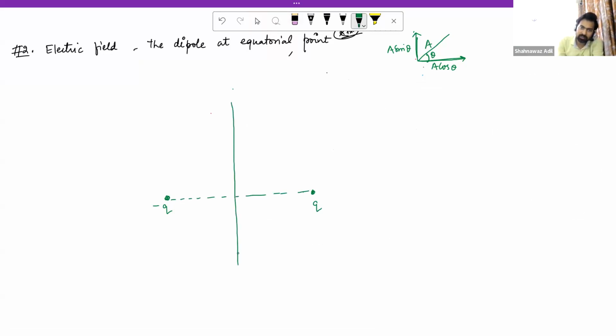I want to calculate the electric field at this point P. This total distance is 2A, so half distance is A, half distance is A. And this distance from here to here is R. So I know that this would be the hypotenuse.